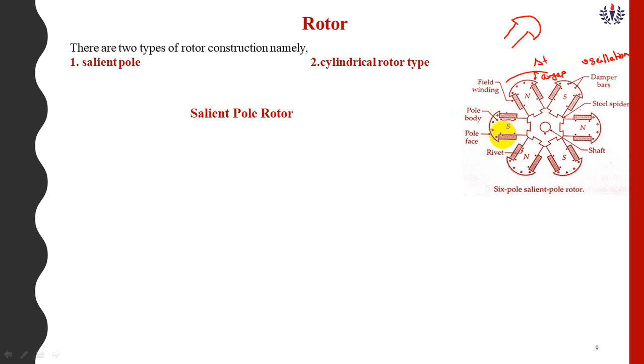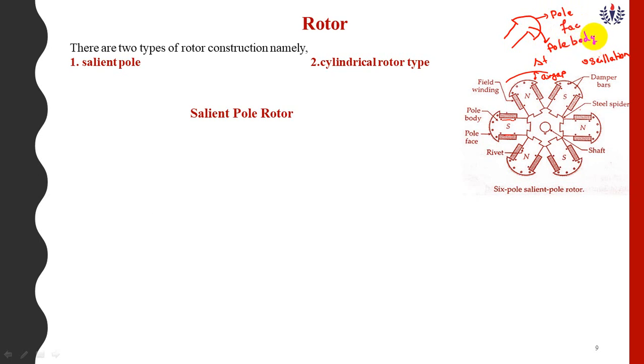This type of shape, we can say it is a pole body, or we can say it is a pole face. The top layer is called the pole face, and inside we call it the pole body.